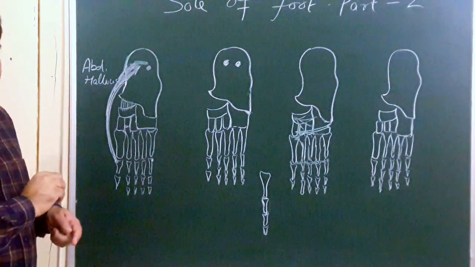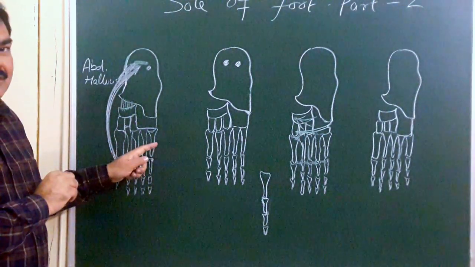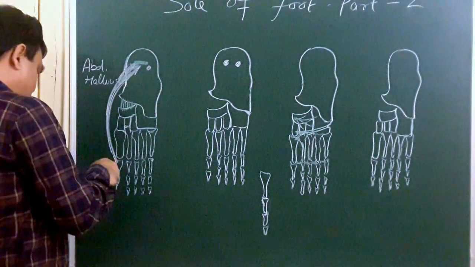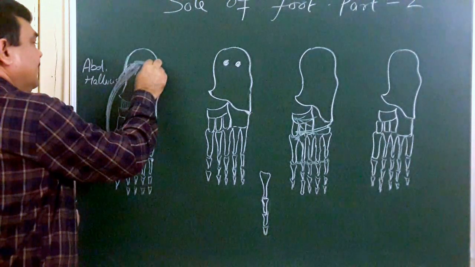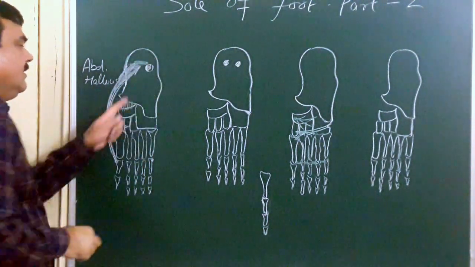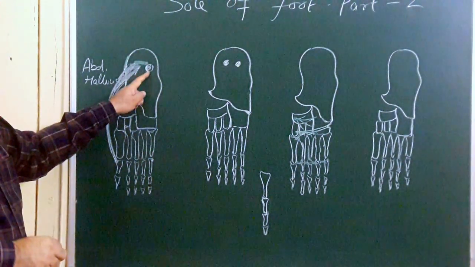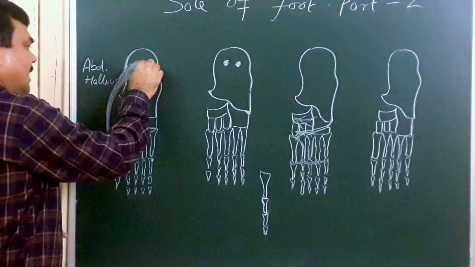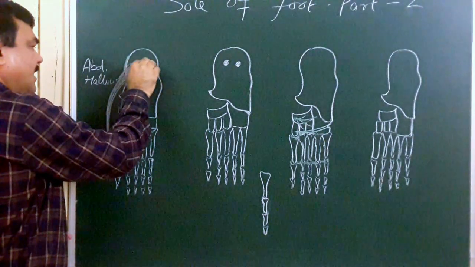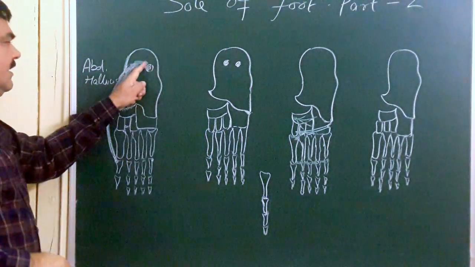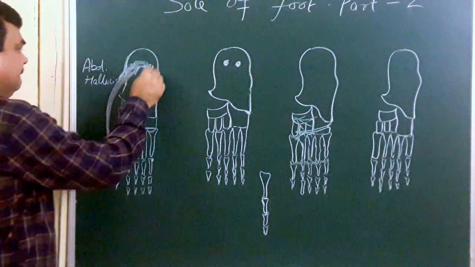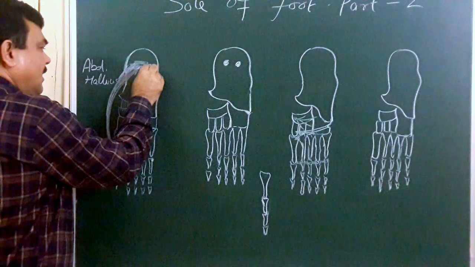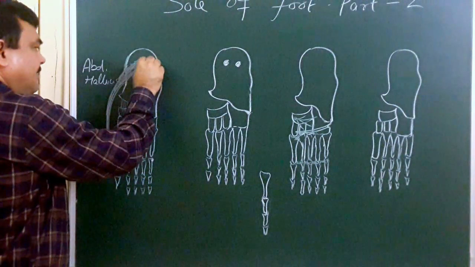And another muscle takes origin from the lateral part of the sole, that is, from the lateral calcaneal tubercle, and also some part from the medial calcaneal tubercle. Here is the plantar aponeurosis, and here is the position of the lateral intermuscular septum.